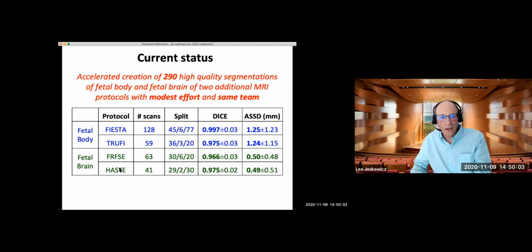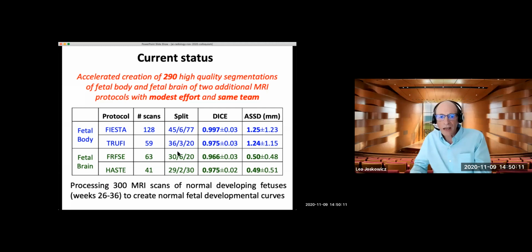You see here the different names are the protocols and the scans, how the networks are trained, and in all cases you see that the numbers are very high. Okay, so basically we were able to process and validate a high number of scans without incurring a very high cost, and this also has a certain range for the developmental curves.